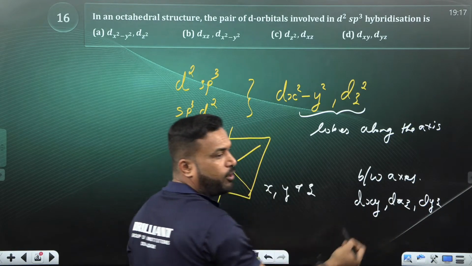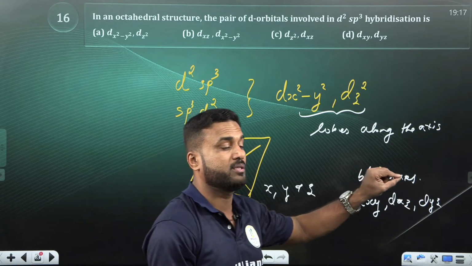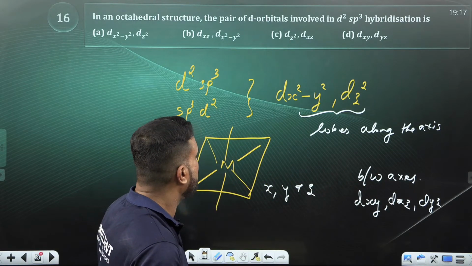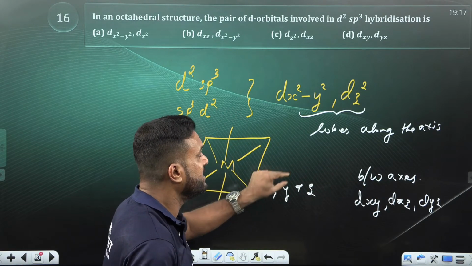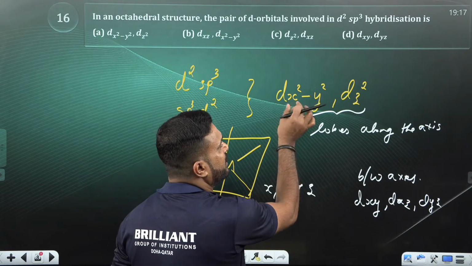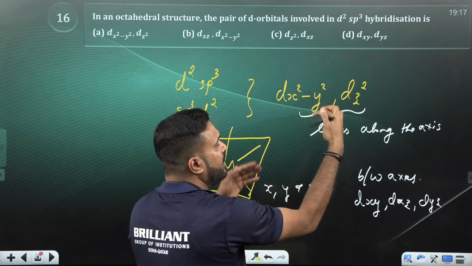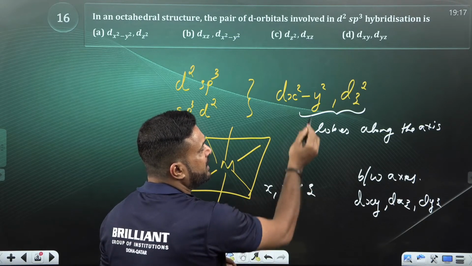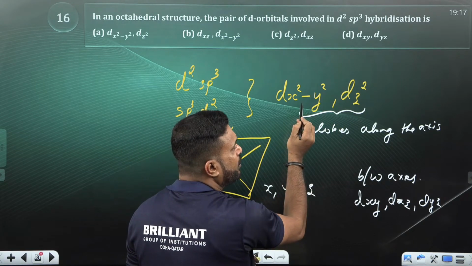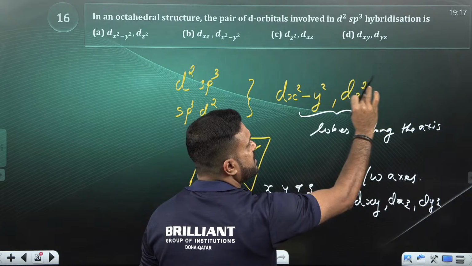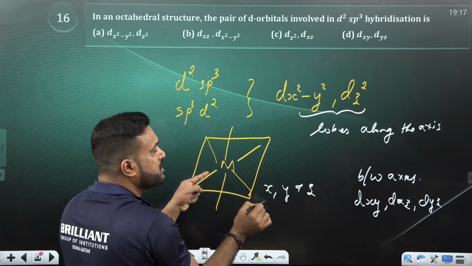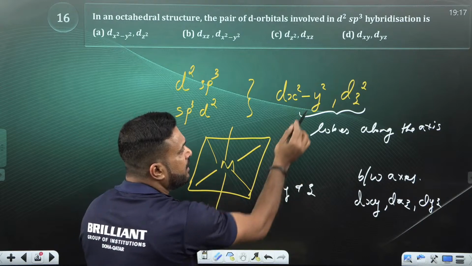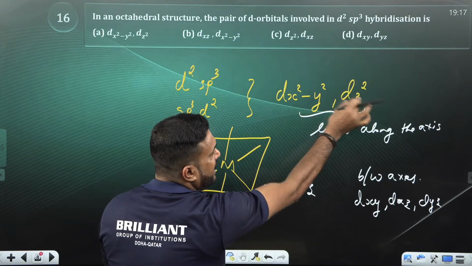So for these 3 orbitals the lobes are between the axes, while the bonds are parallel to the x, y and z axes. Where the lobes are along the axis, there will be face to face overlap, that is maximum overlapping. Their lobes mean electron density, so electron density is along the axis, and the bonds are along the x, y and z axes.